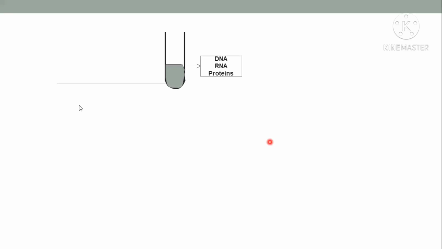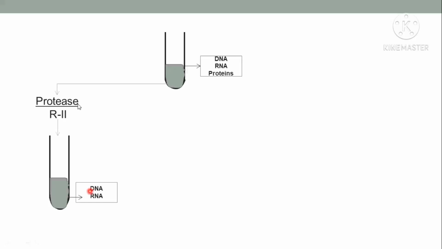And then, first they added protease. Protease destroys protein. So from DNA, RNA and protein, after adding protease, protein is destroyed, and we only have DNA and RNA. Then they added live R2 strain to this mixture and found that transformation took place.